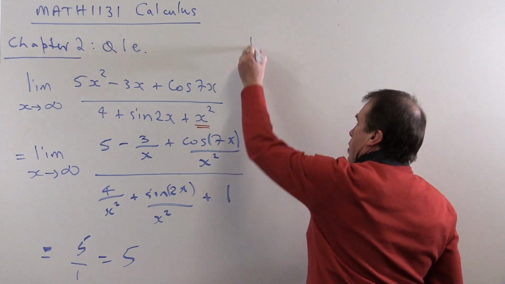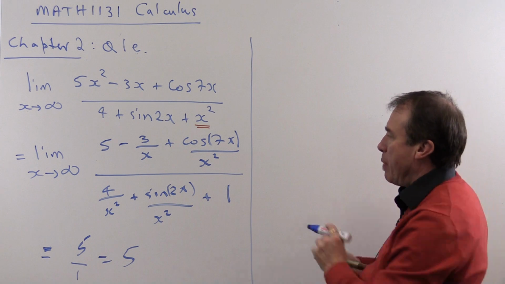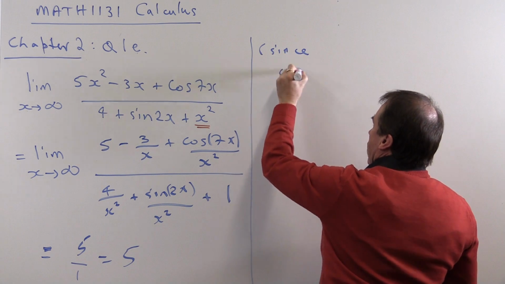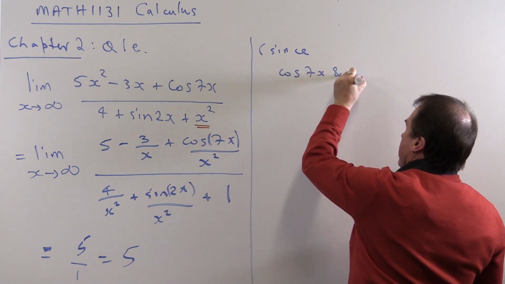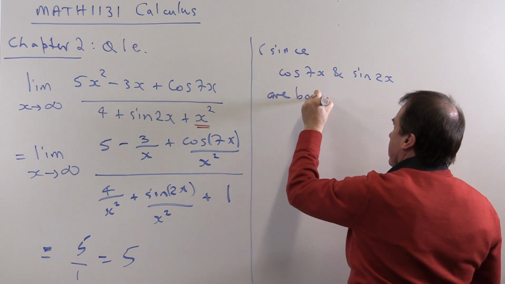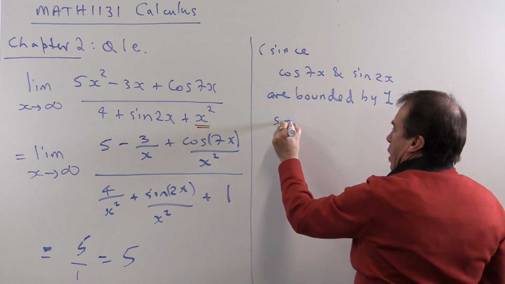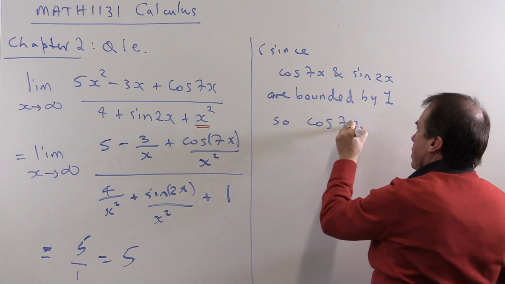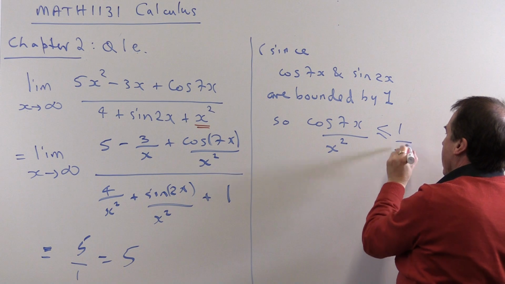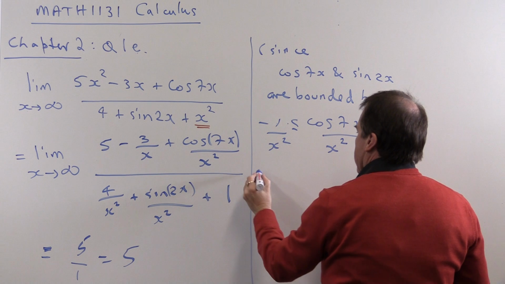Now, just to make sure, sometimes you may have a slightly fussy tutor who wants a little bit more information here, and you might write down, since cos 7x and sine 2x are bounded by 1, that cos 7x over x squared has to be less or equal to 1 over x squared, and on the other hand, it's bigger than minus 1 on x squared.